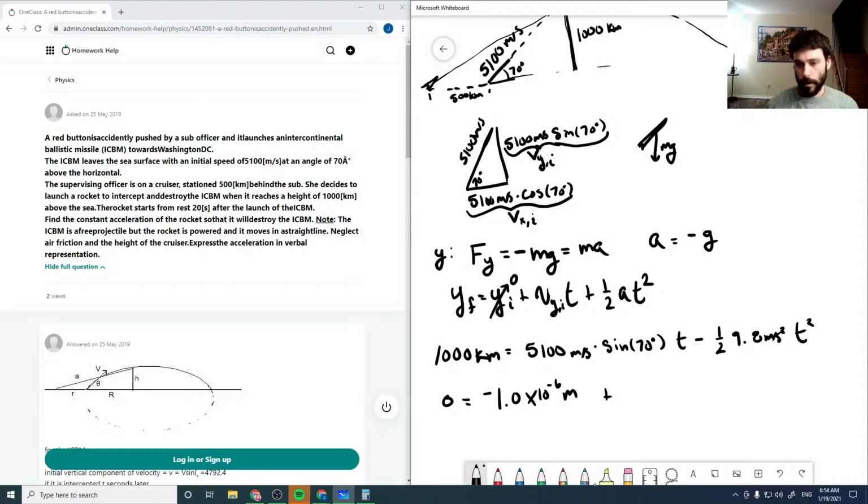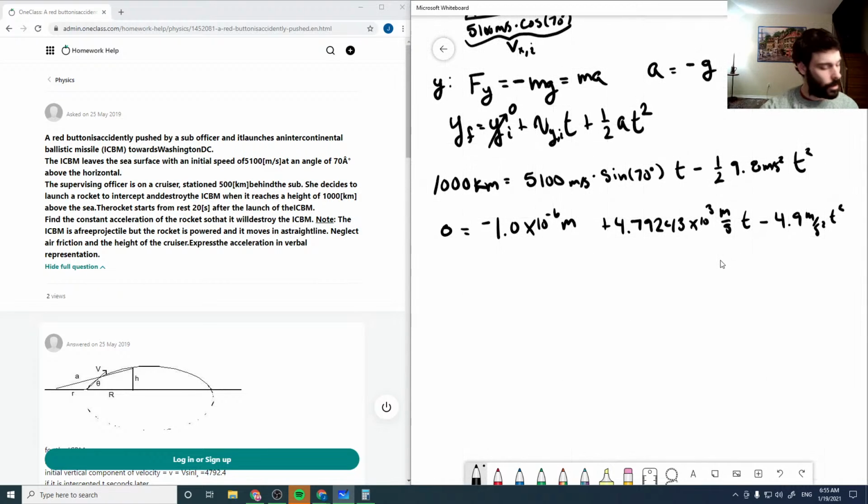Doing that out, that's 4.79243 times 10 to the 3 meters per second t minus 4.9 meters per second squared t squared.